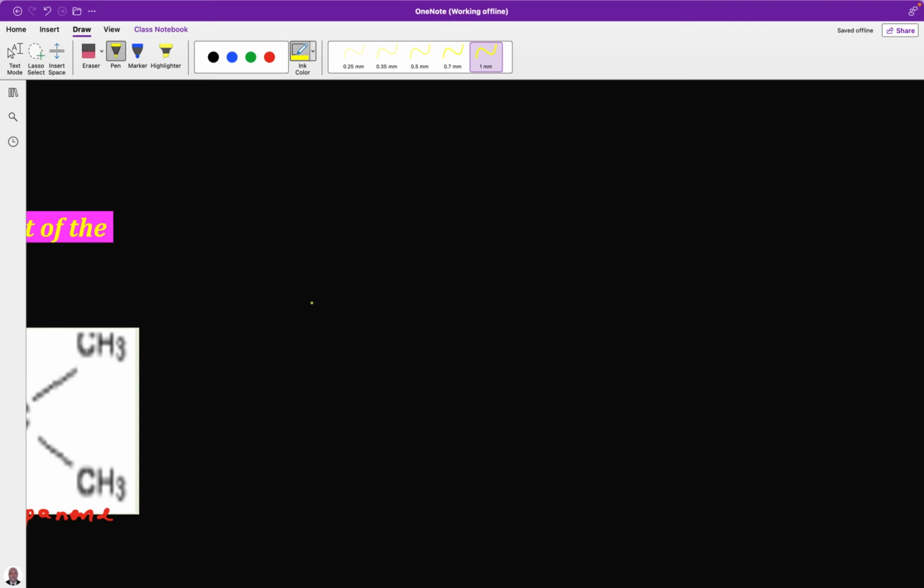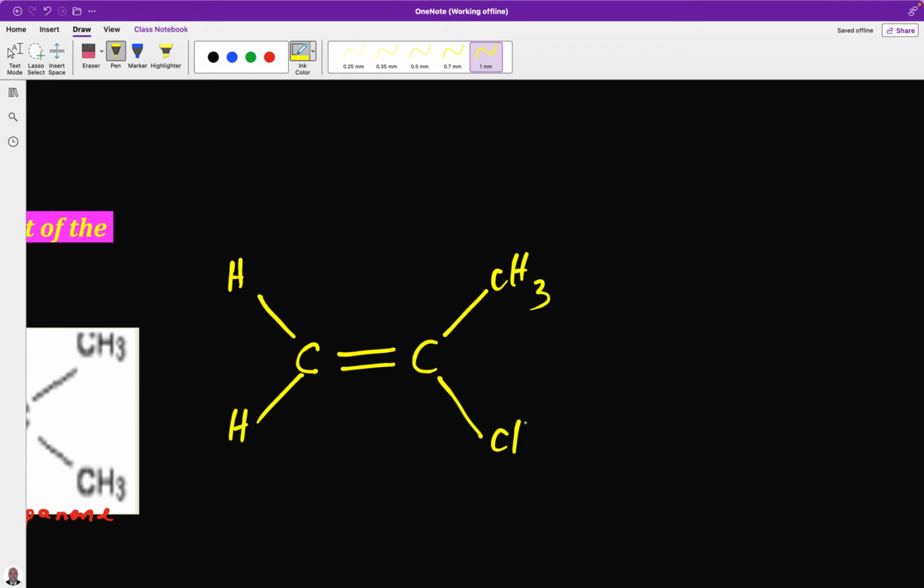We will have a carbon double bond, and we will have a hydrogen. This is 2-methylpropene.